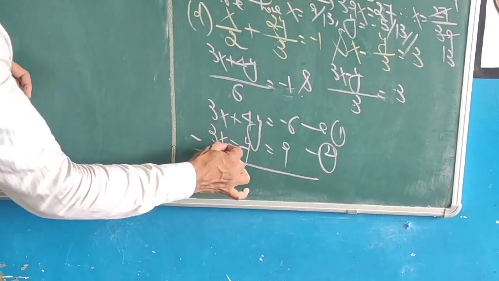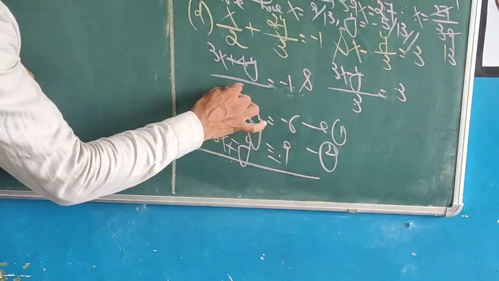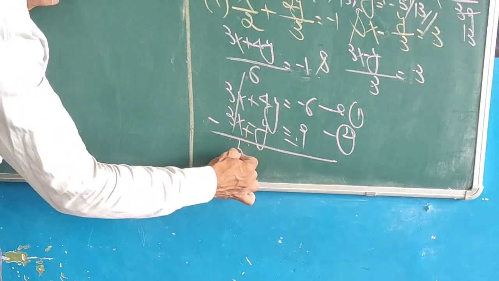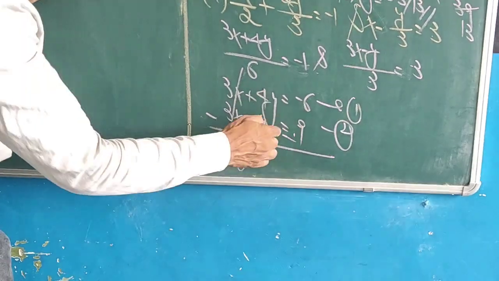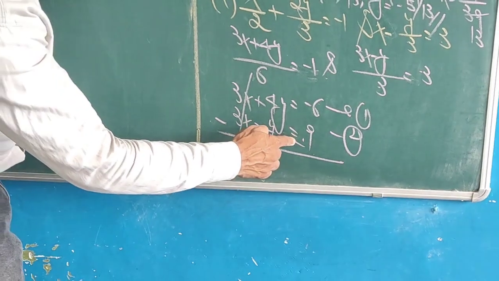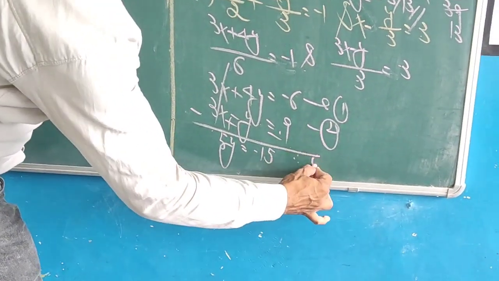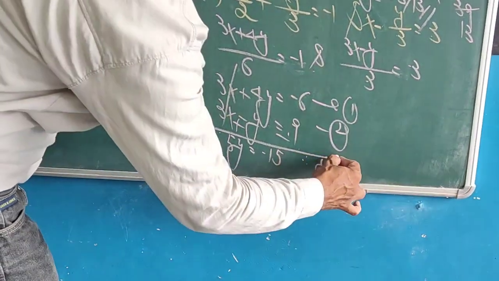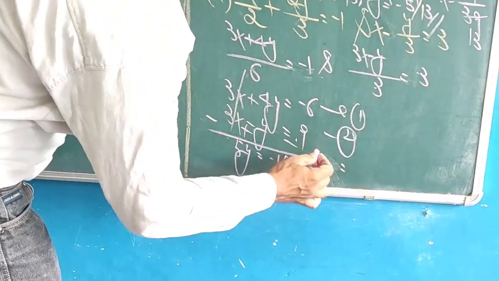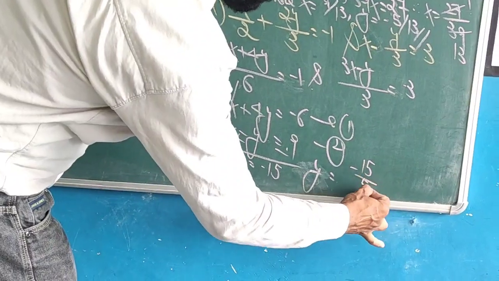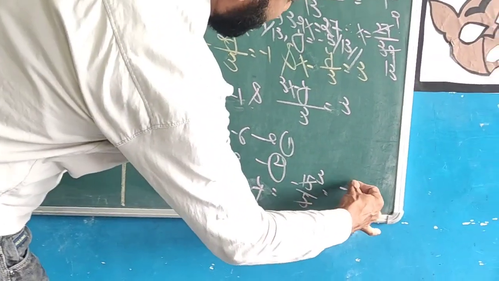So only by changing the sign of the second equation we get 3x and 3x cancelled. 4y plus 1y is 5y, and minus 6 minus 9 is minus 15. So y is equal to minus 15 upon 5, and this is equal to minus 3.